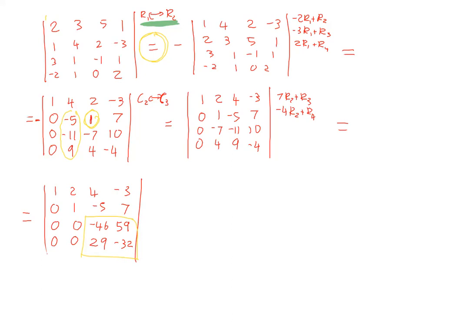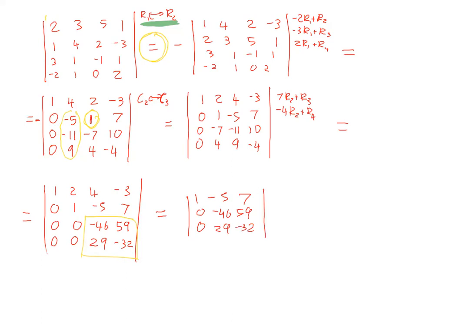And here, finally, I say, okay, fine, expand with respect to the first row. If you expand with respect to the first column, the only thing that survives is this: 1, -5, 7, 0, -46, 59, 29, -32, right?